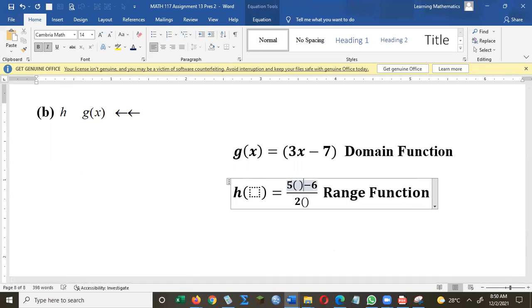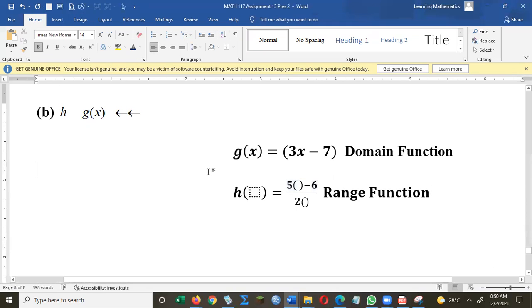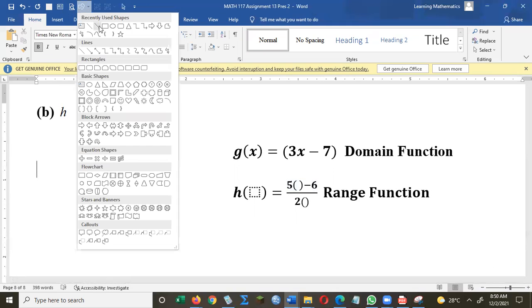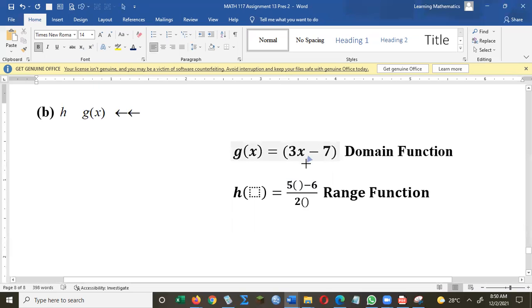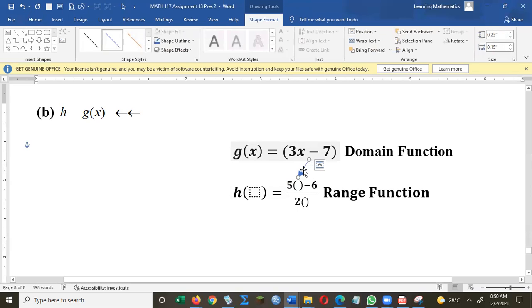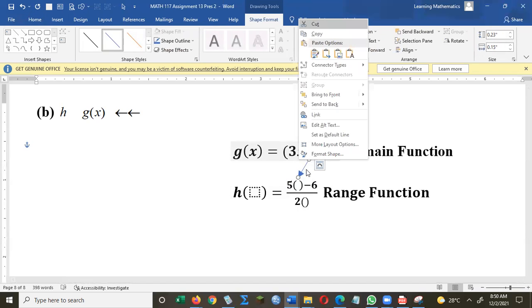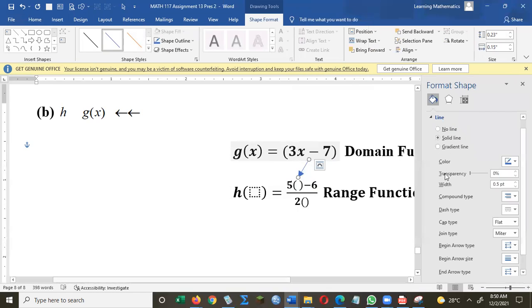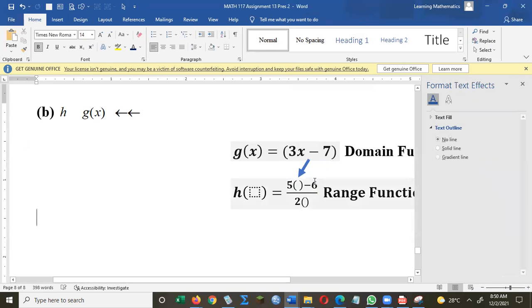Exactly, as he's saying, we created the brackets in order for us to put the domain function, 3x minus 7, into the brackets.